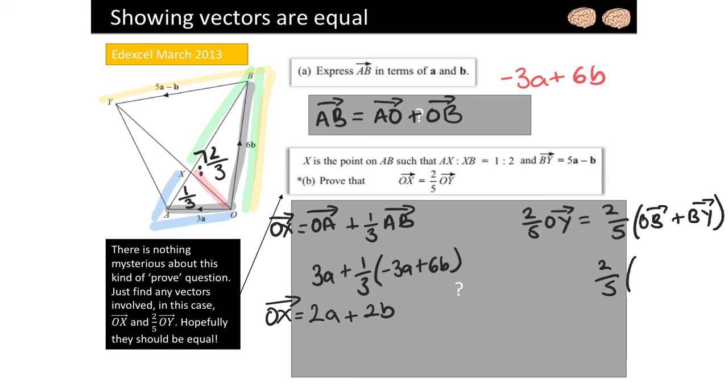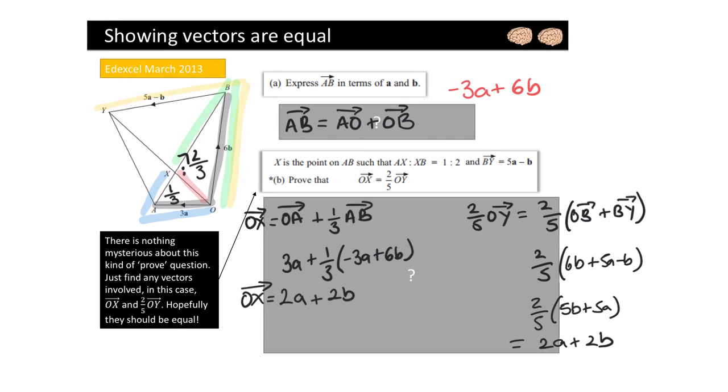So, 2/5 of OB, 6b, plus 5a minus b. I know sometimes we do the quick maths, but just FYI, this is probably where the most mistakes are made, so double check. So I'm going to get 2/5 of 5b plus 5a, which is actually 2a plus 2b.